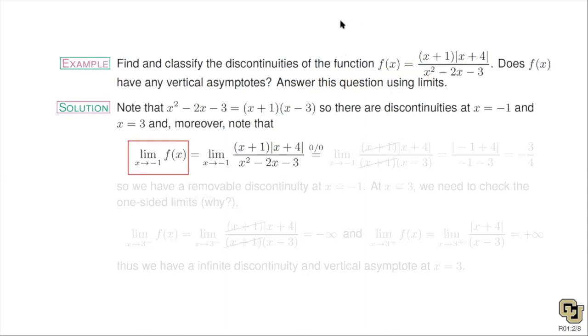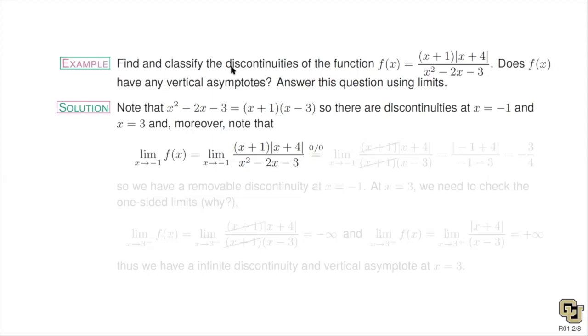So I replace the function with its definition, and if you try to plug in -1, we get 0 over 0. 0 over 0 is an indeterminate form. That means we need to do some further math. Typically, our options are to multiply by the conjugate, or factor and simplify, or the squeeze theorem.